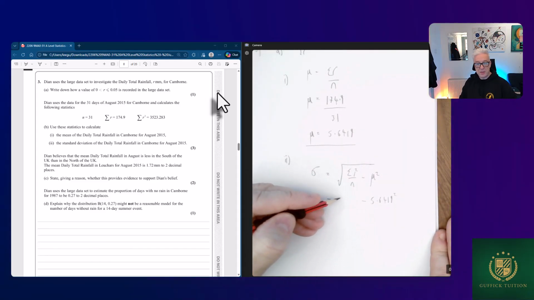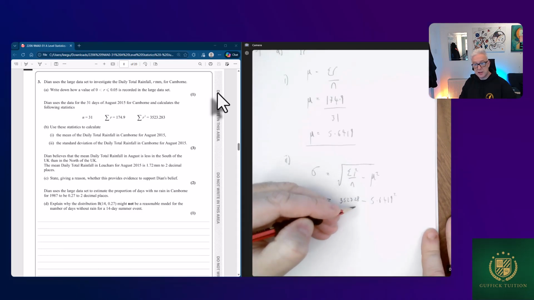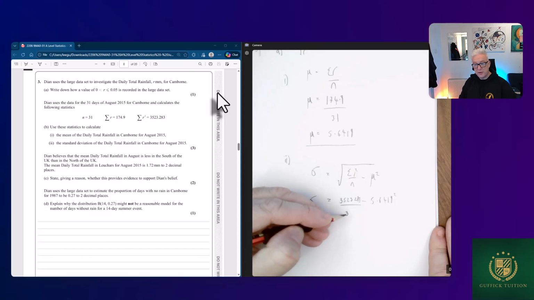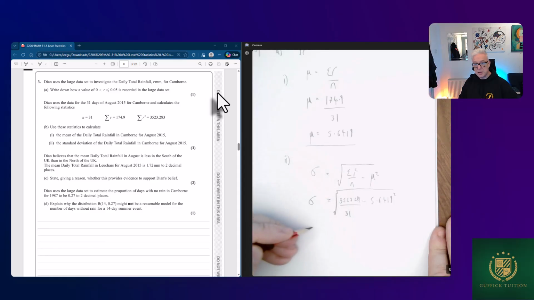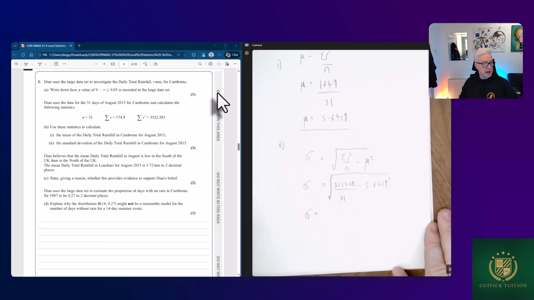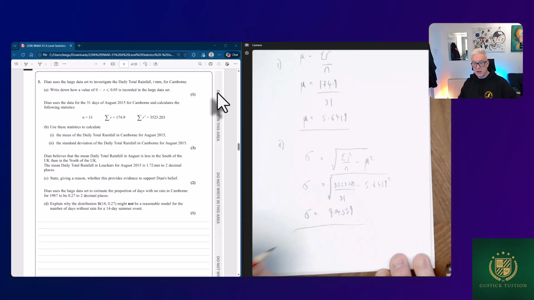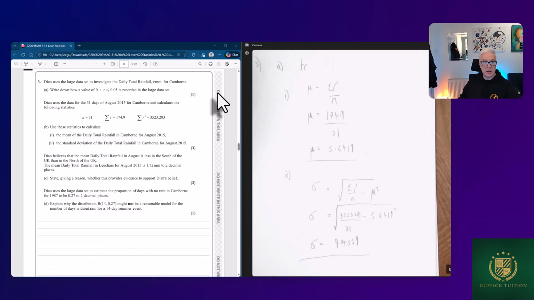And we've got our sigma R squared, which is 3523.283 over the number of days, which is 31, and the square root of that. So when we calculate that whole thing, that turns out to be 9.04559. Okay, perfect. So that is part A and part B done for that question.